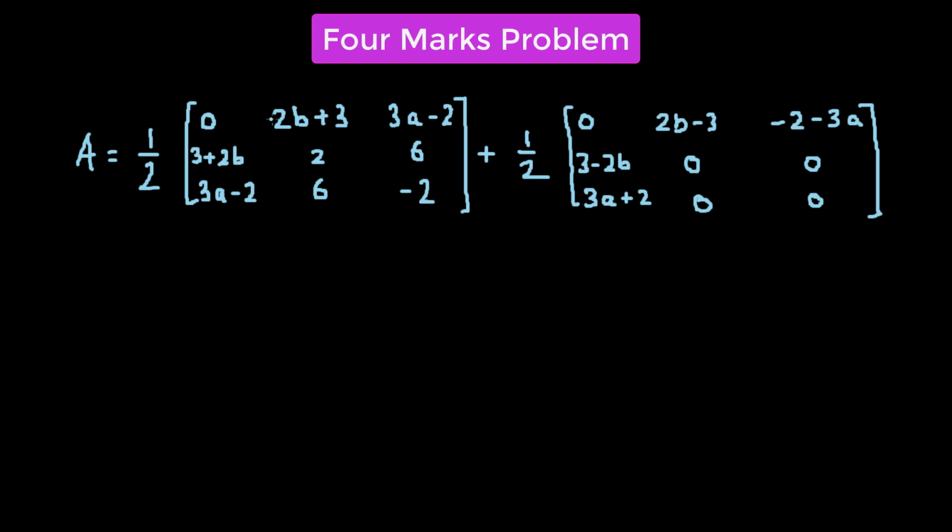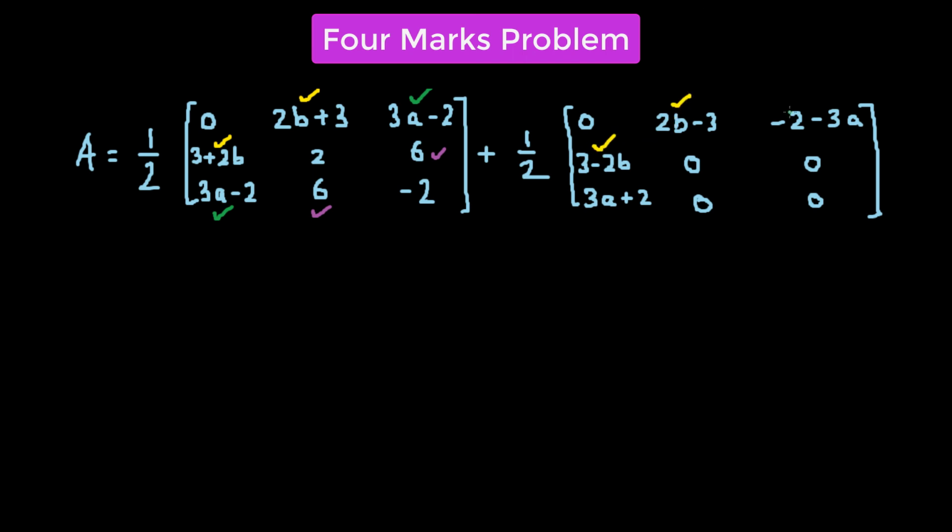Let's quickly verify. So Aij, okay. This portion must be equal to this portion. Yes, they're matching. And 3a minus 2 must match with 3a minus 2. That's good. Then the 6 must match with the 6. So this is a symmetric matrix. That holds. Then for the second half, the diagonal elements are 0. But then again, we have to verify. So negative of 2b minus 3 is 3 minus 2b.